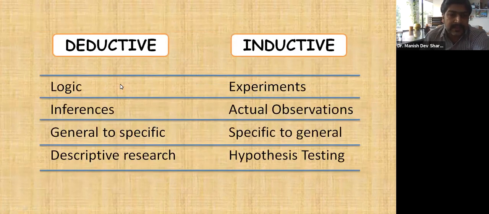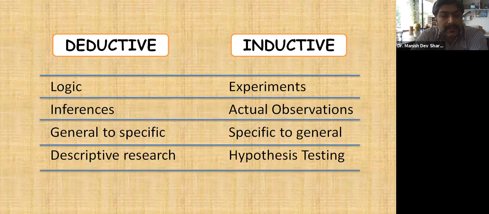So you can see this is the comparison chart. Here we have deductive and inductive research. In deductive we have logic, and in inductive we have experiments. You can say experiments means observing the happening of the events and finally drawing an observation chart. In deductive research you have inferences, and here we have actual observations.